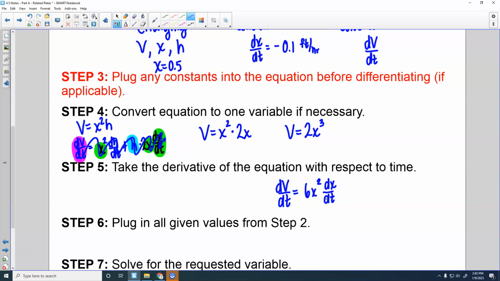And then we just need to look back up to our step 2, plug in our pieces of information that we had. The dv dt is what we're solving for. We do not replace it. We got x is 0.5 and dx dt is negative 0.1. And I'm just going to plug that stuff into the calculator.